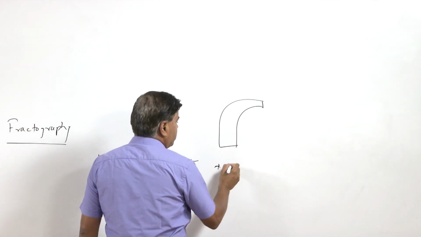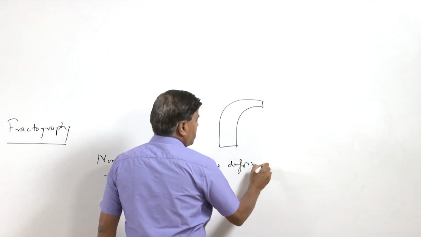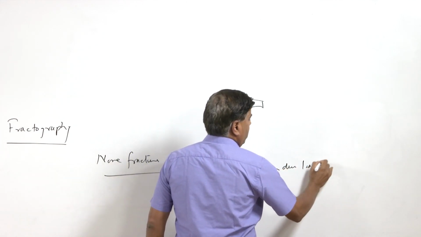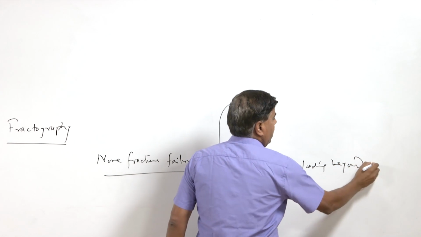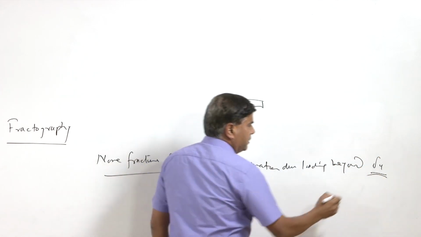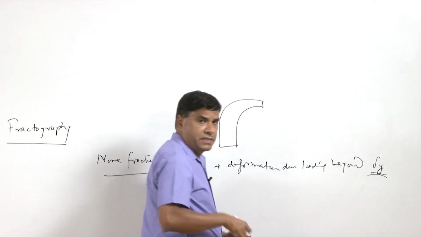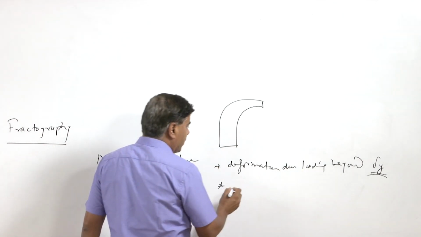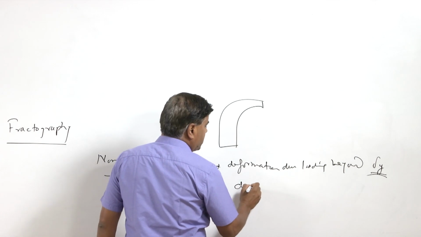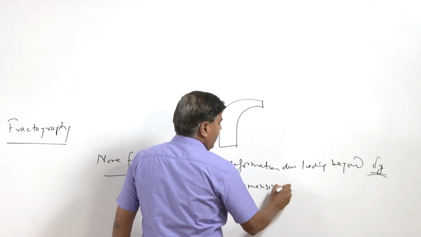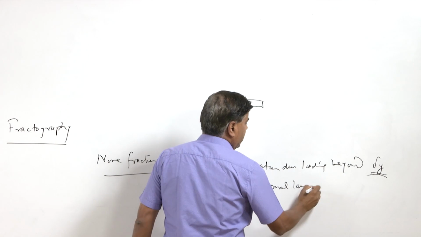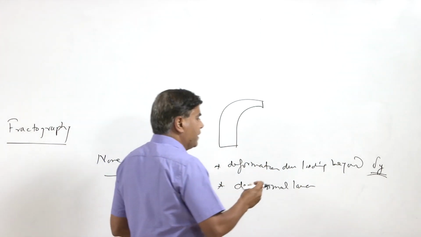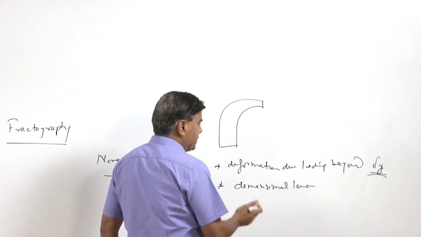So, it has been subjected to deformation due to loading beyond the yield strength of the material. This is one typical case. Another is where the dimensional losses, of a variety of kinds, have been excessive, and because of which the component has started not to perform as intended.